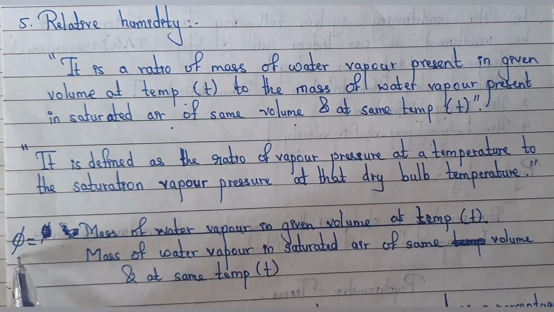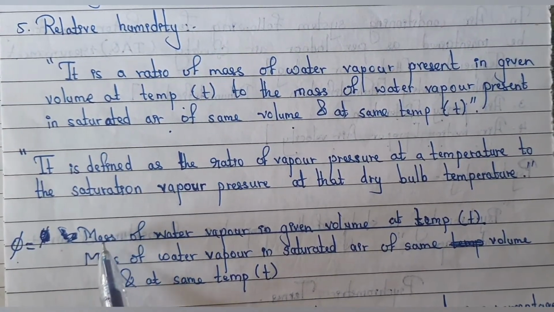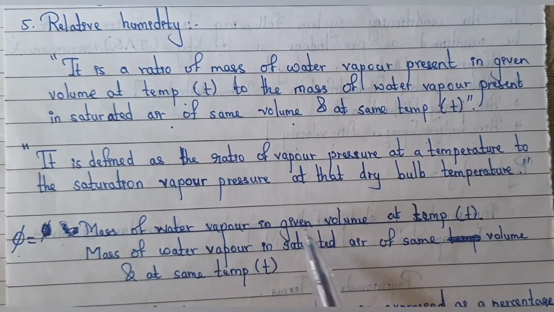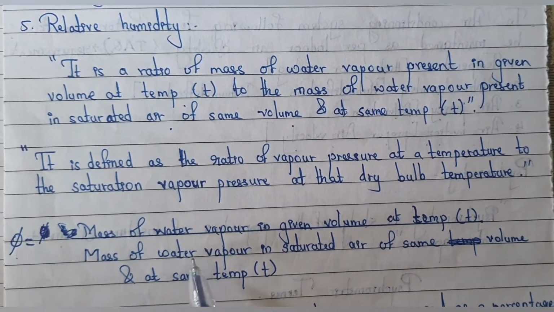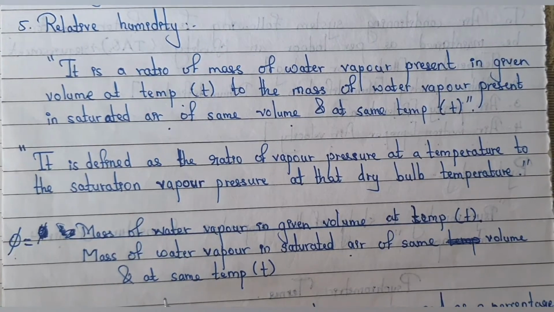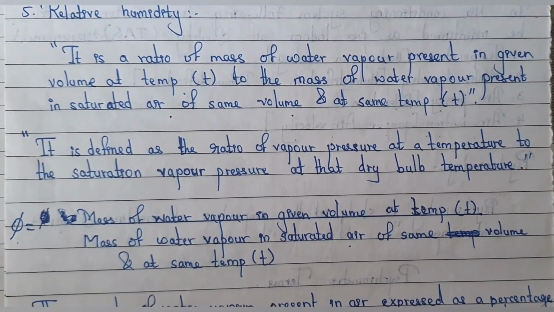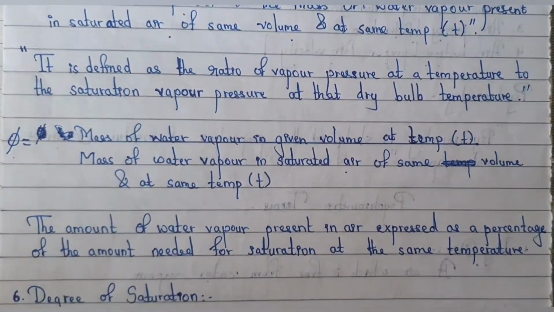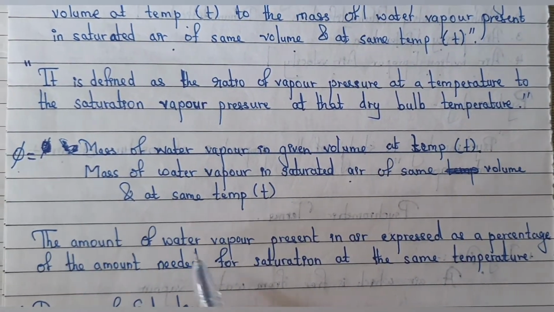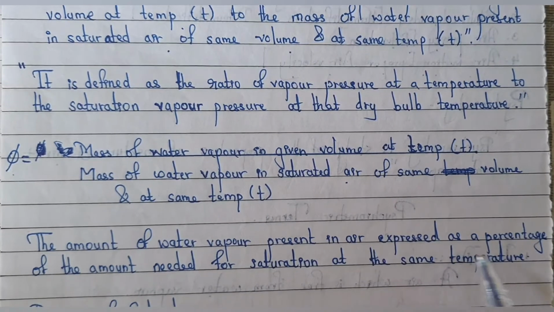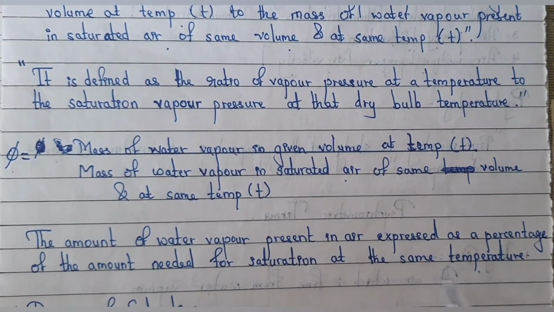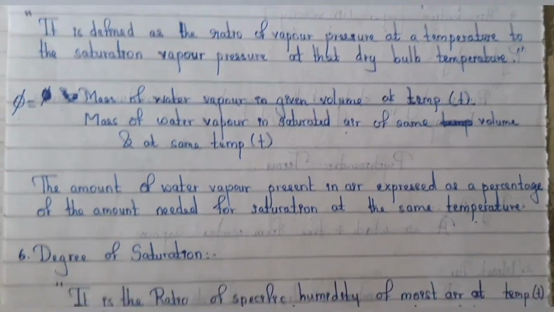This is denoted by phi, and it is the same as written in the definition: mass of water vapor in the given volume to the mass of water vapor in saturated air of the same volume and same temperature. Another definition from Google: it is the amount of water vapor present in the air expressed as a percentage of the amount needed for saturation at the same temperature.